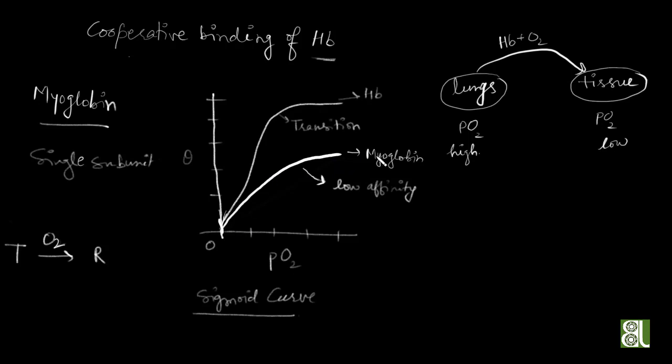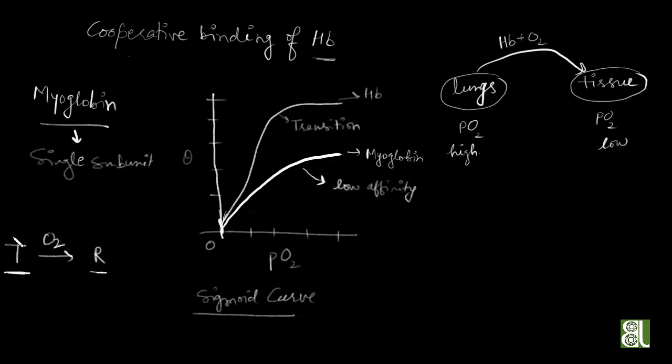Why hyperbolic curve? Because myoglobin is a single subunit protein. And hemoglobin has four subunits, and it undergoes a transition from T state to R state that we have already discussed.